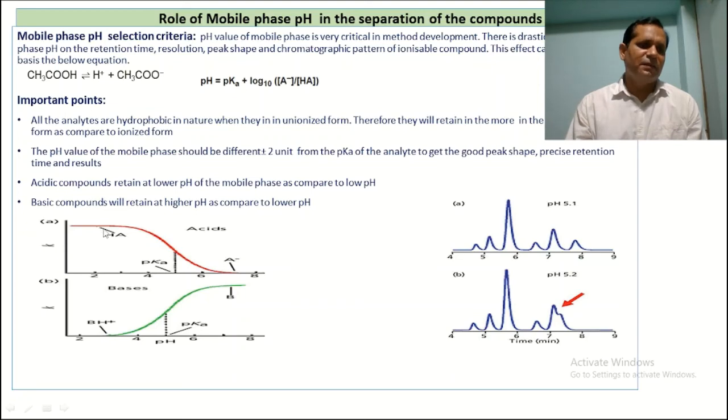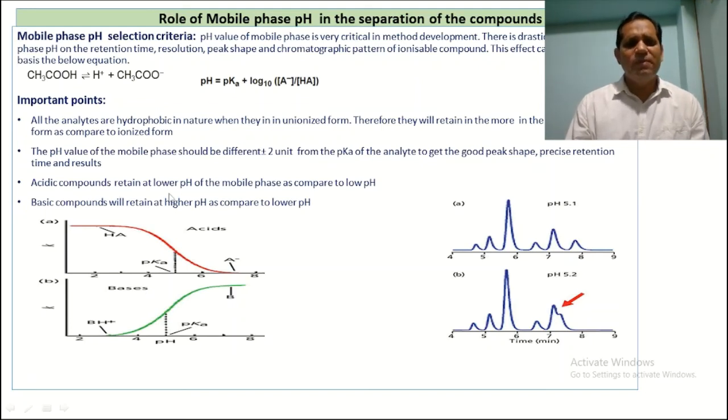When we increase the pH, moving from 2 to 4 or 4 to 6, the compound retains less in the column and elutes early. We can see it in a different way also: when we decrease the pH, the compound retains more. So an acidic compound will retain more at lower pH.